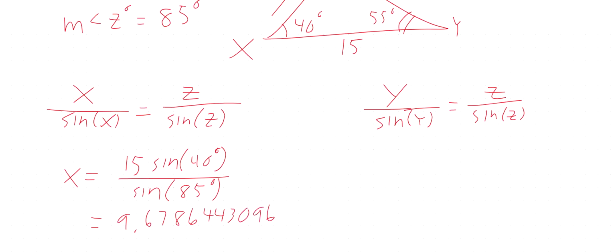And again, make sure you carry all those decimals, do not round. In this case, it's not going to make much difference because this is our final answer. But if you're ever going to use a value in another calculation, make sure you do not round.